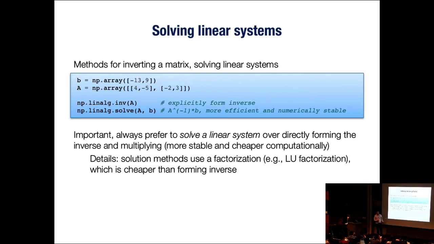That is strictly cheaper than forming the inverse. So if you didn't follow that, don't worry. Just remember that computationally, the solve call is much faster than actually forming an inverse. So don't form the inverse. Even if you think it maps more closely to what you write or what you do in terms of the math, just don't make that call.